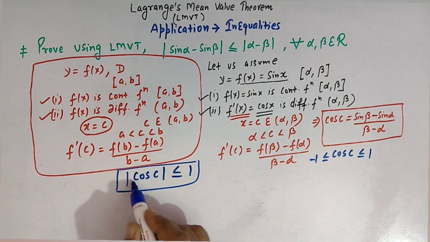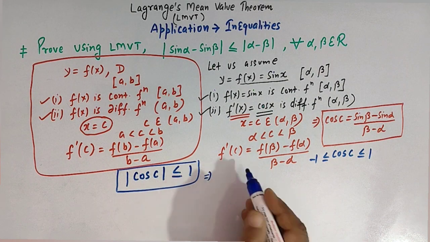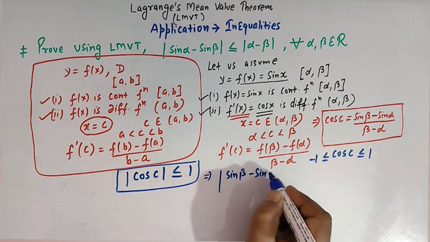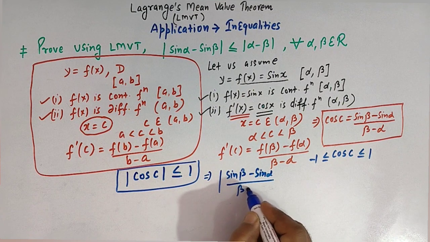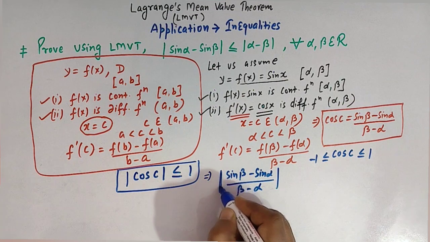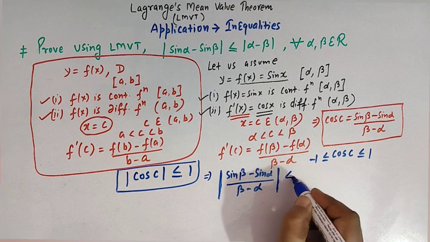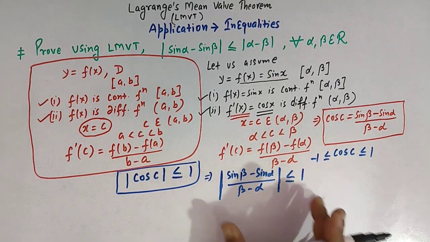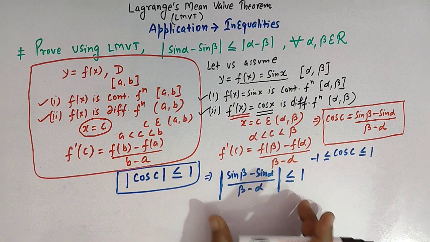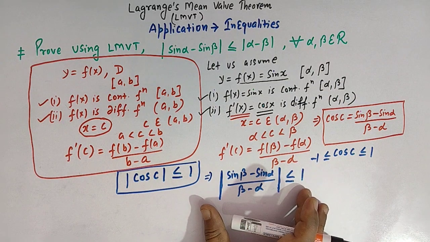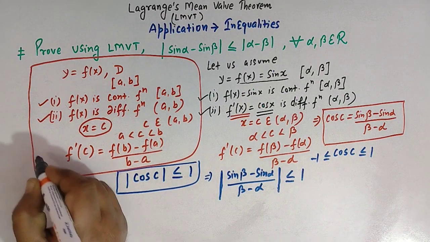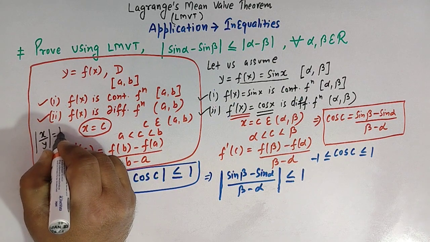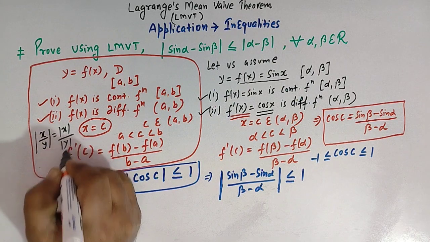So let us substitute the value of cos c over here. So we have mod of sine beta minus sine alpha divided by beta minus alpha. This is the entire mod function, and here we have less than or equal to 1, right? So now here we'll make use of one important property of mod function, right? Now see, we know that mod of x over y is equal to mod of x divided by mod of y, right?